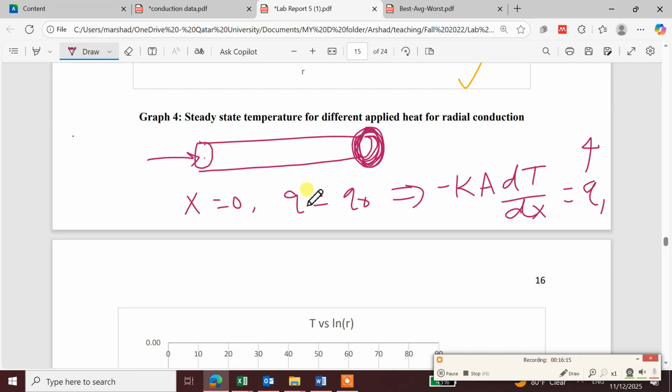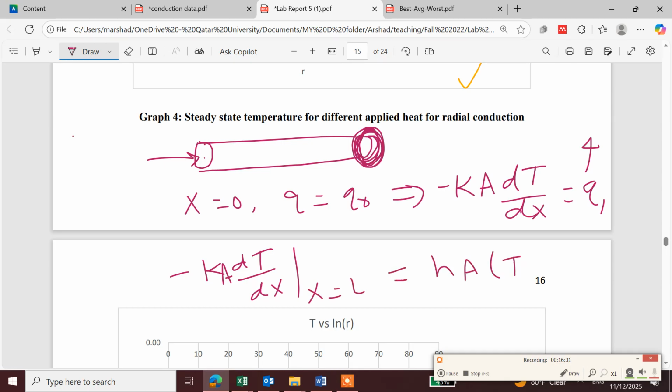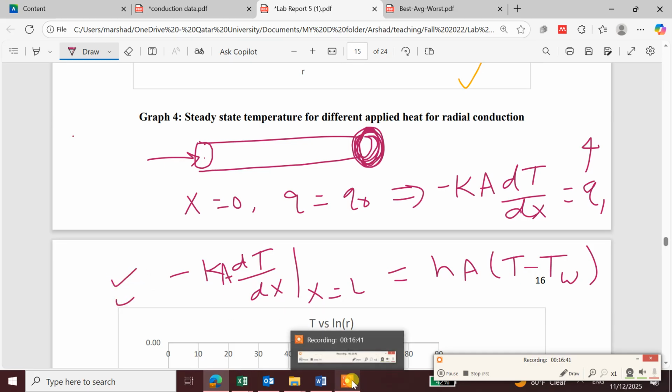So what will happen? Conduction equals convection. So conduction in the metal, kA dT/dx at x equal to L equals hA convection (T minus T water), you can say. So this is the boundary condition. Okay, so that's it. I hope it should help.